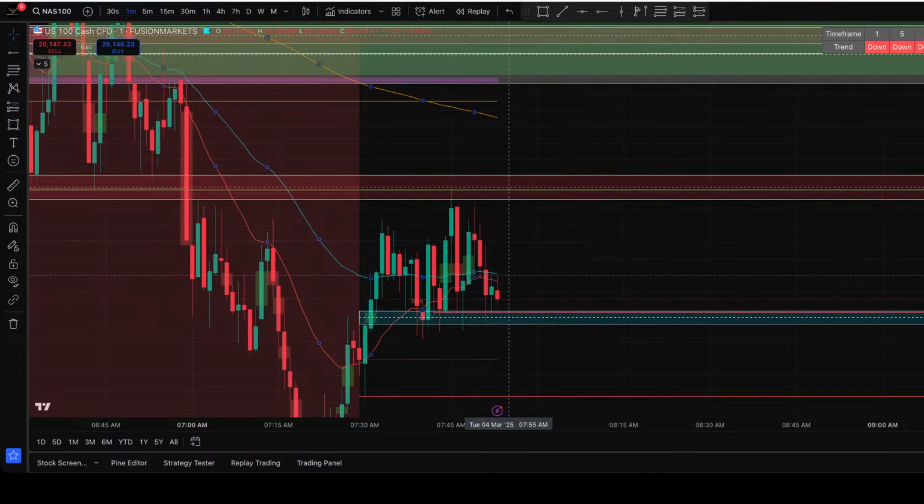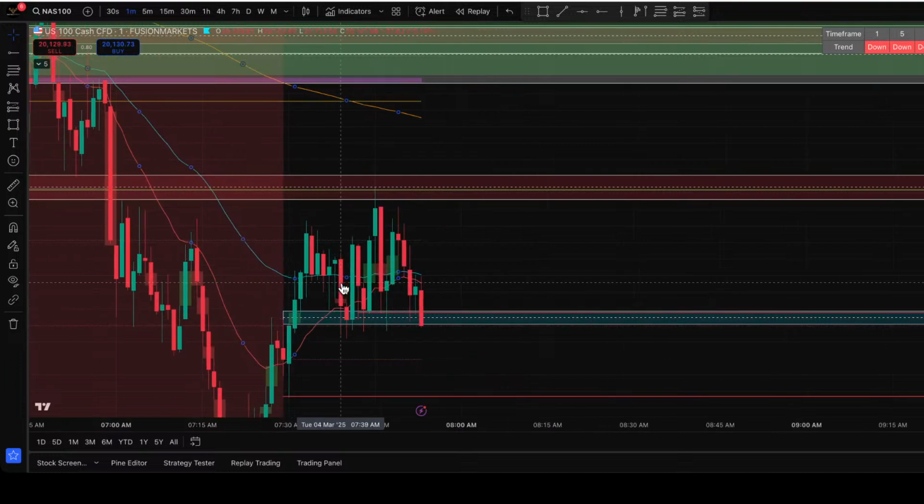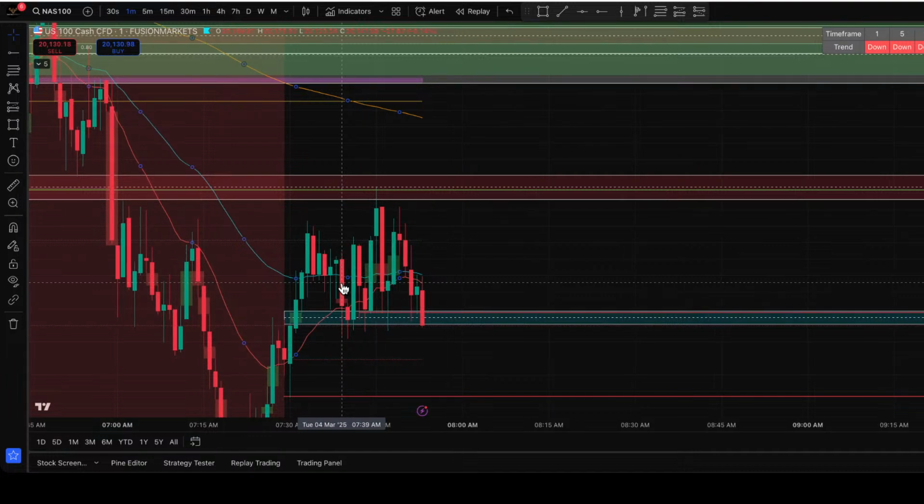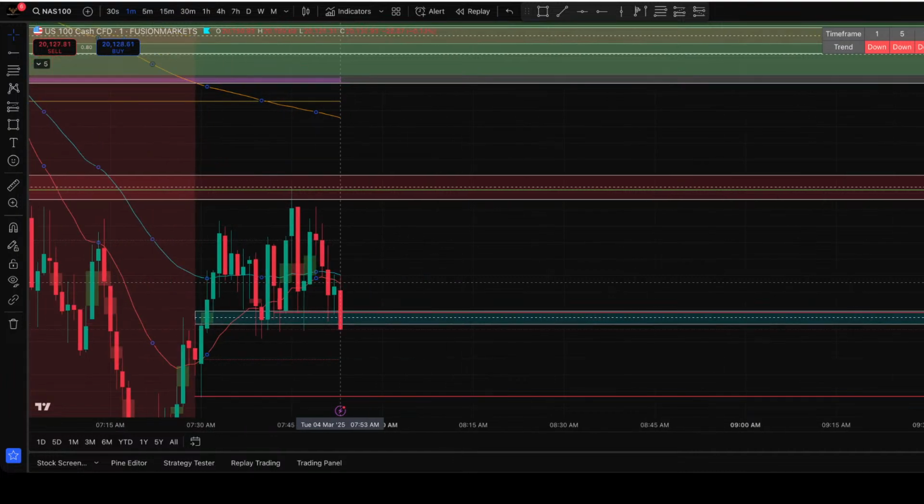No 1M fair value gaps created here either, so just wait. It's important to wait for that candle close because it could just sweep out these lows and then continue up. 13 seconds and we have not. We want to see if this closes below that red line.